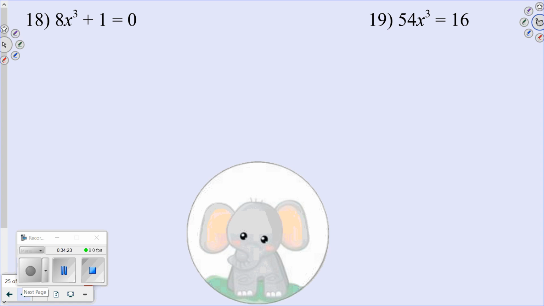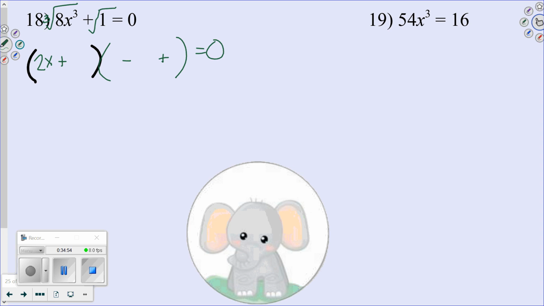So number 18, it's already set equal to 0. Is there a GCF? Nope, no GCF. All right, so this is SOAP because it's 2 terms, and they are cubes. So use SOAP. So same is positive, opposite is negative, and then always positive. All right, what is the cubed root of 8x cubed? 2x.